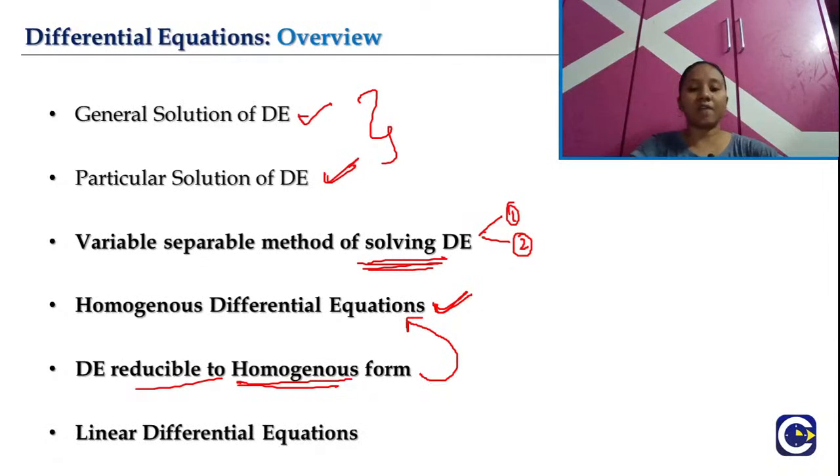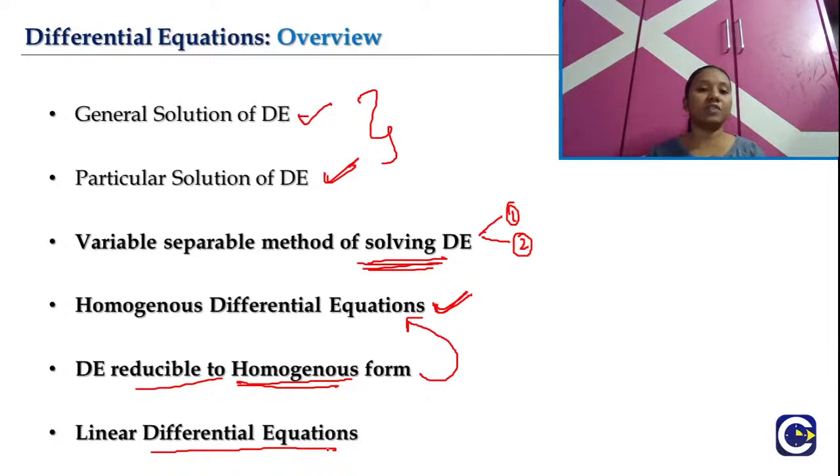After that we have one more method of solving, that is the linear differential equation. As I mentioned in our previous sessions, I have already talked about linear equations, and said that in future lectures we are going to learn linear differential equations.